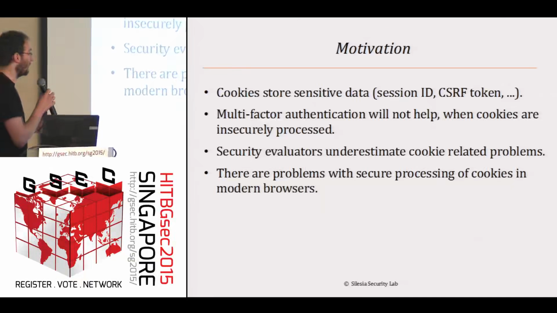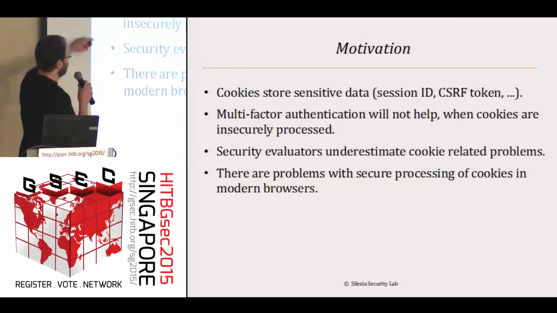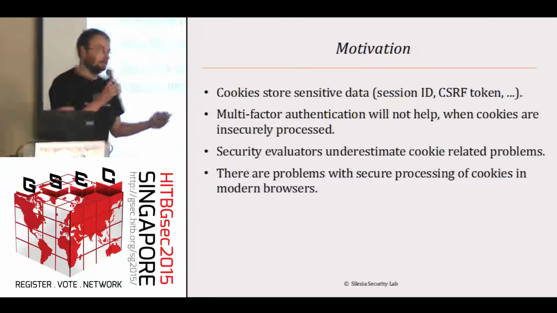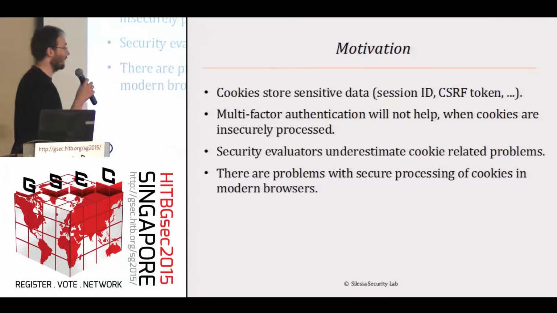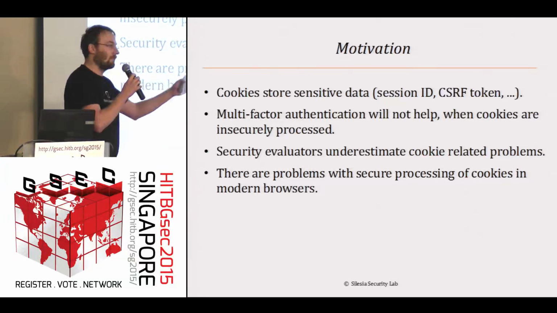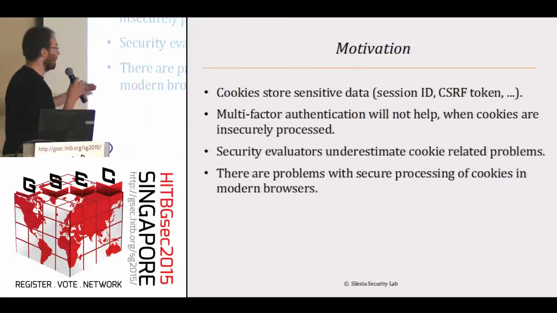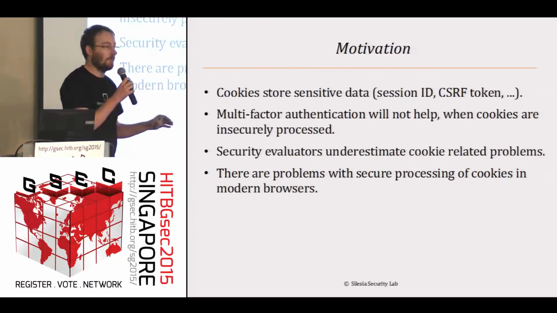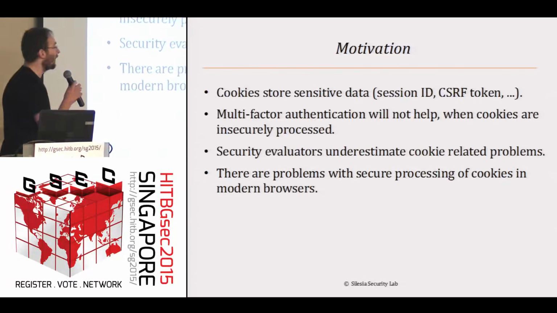The next point is that those three are more related to web apps. Well, I love web app hacking, but let's say the whole system is like this: browser and web application, right? So we might also have problems with secure cookie processing on the browser level, and in fact we have.